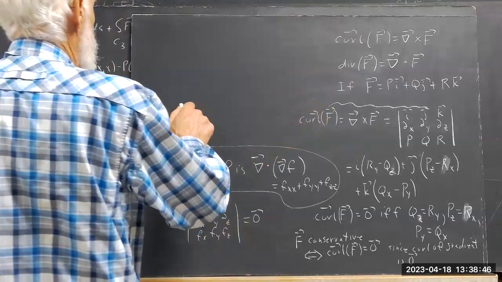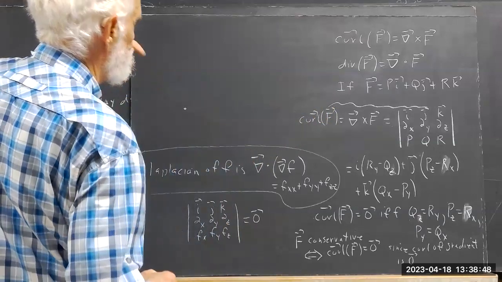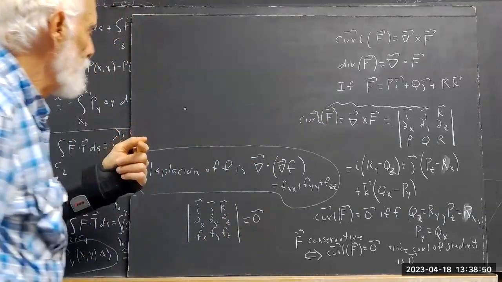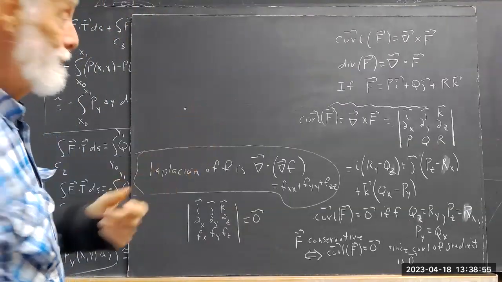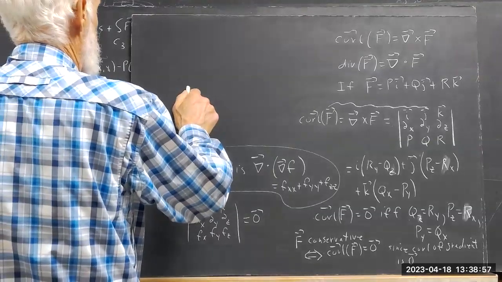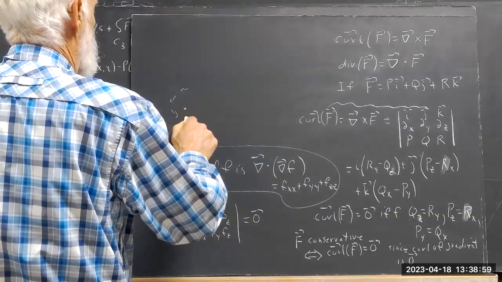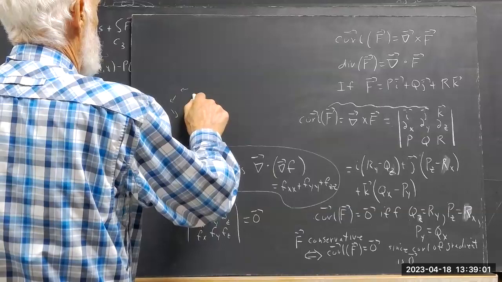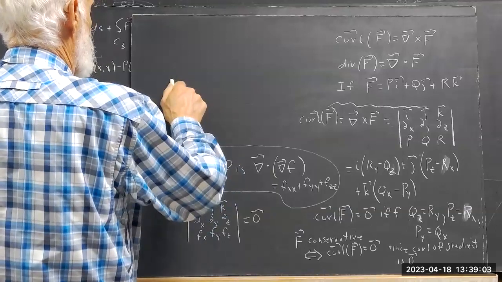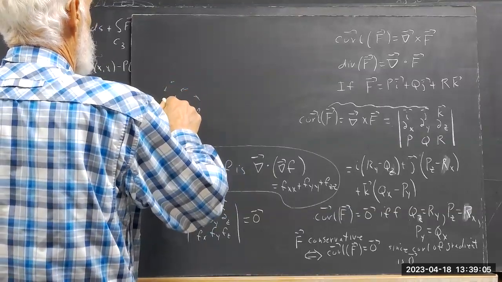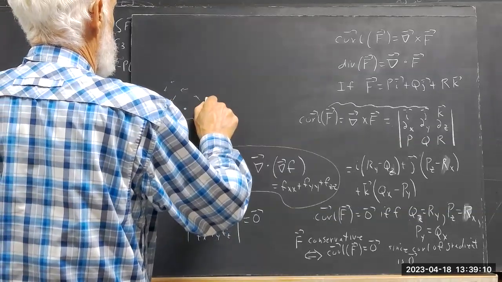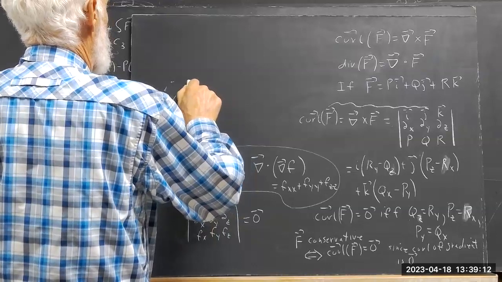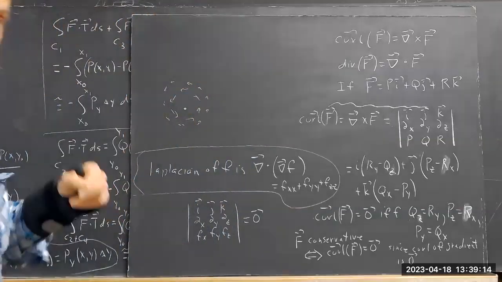Take the field of a straight current-carrying wire. You get a magnetic field. It surrounds the wire in concentric circles. The vector gets shorter as you go further away. They fall off proportionally with distance. And that's a rotational field.